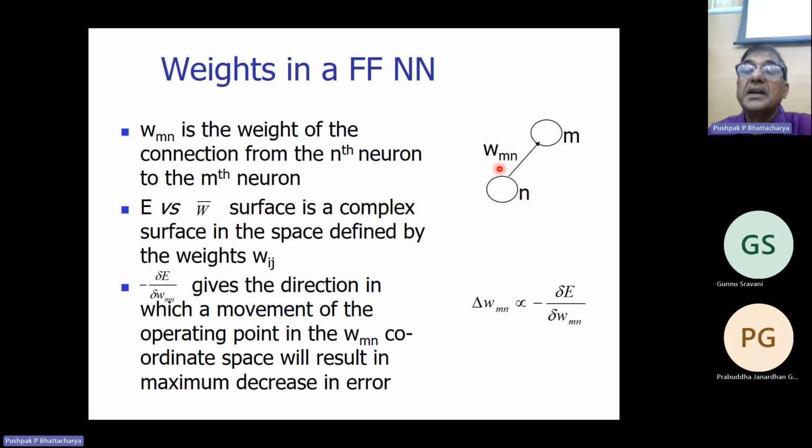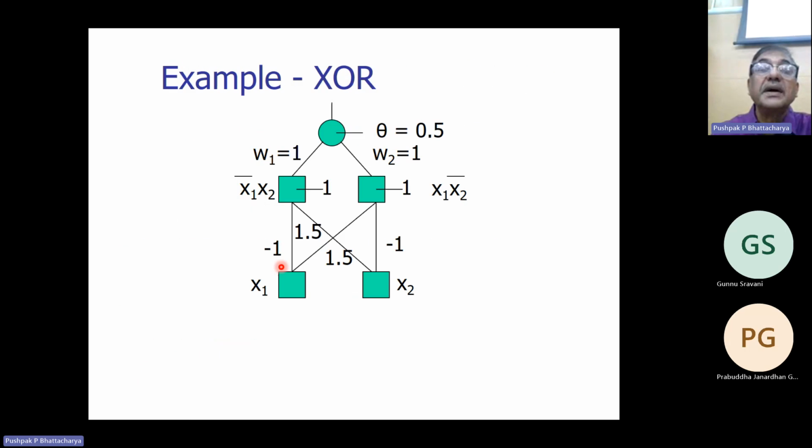We are interested in knowing how to change this weight value W. WMN is the weight of the connection from the nth neuron to the mth neuron. Now, the error versus W surface is a very complex surface in the space defined by the weights Wij. If you take this network, for example, the number of thresholds is 3, and the number of weight values is 4 plus 2, 6.